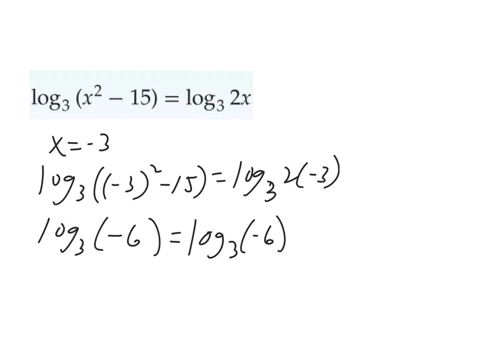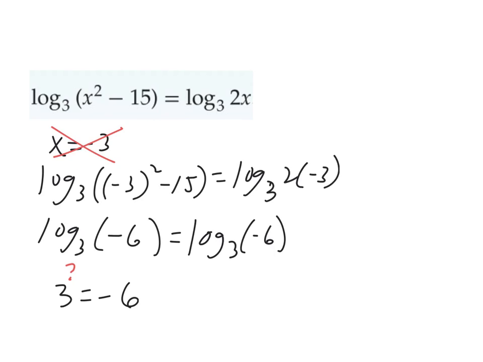A log is a power. There's no way to take 3 to some power and have it equal negative 6. That's why that number can't be negative. There is no number that you can substitute here that will make this true. And this is the reason why this can't be negative, which means we have to throw this solution out.